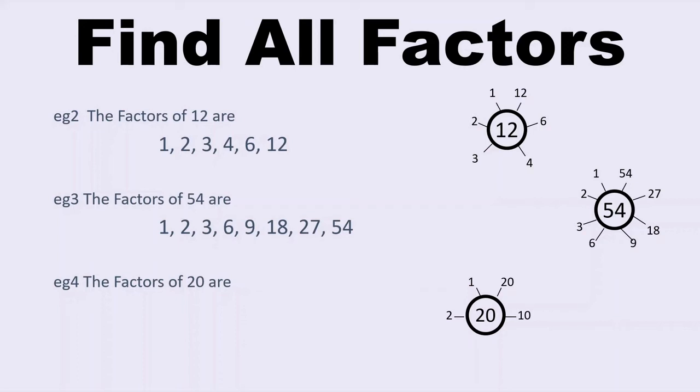No, the closest multiple of 3 I can think of is 21, which would be 7 times 3. So skip 3. Can we divide by 4? Yes, 20 divided by 4 is 5. So we've got all of our factors. There's nothing left to try between 4 and 5. So let's put them in order here: 1, 2, 4, 5, 10, and of course don't forget 20.